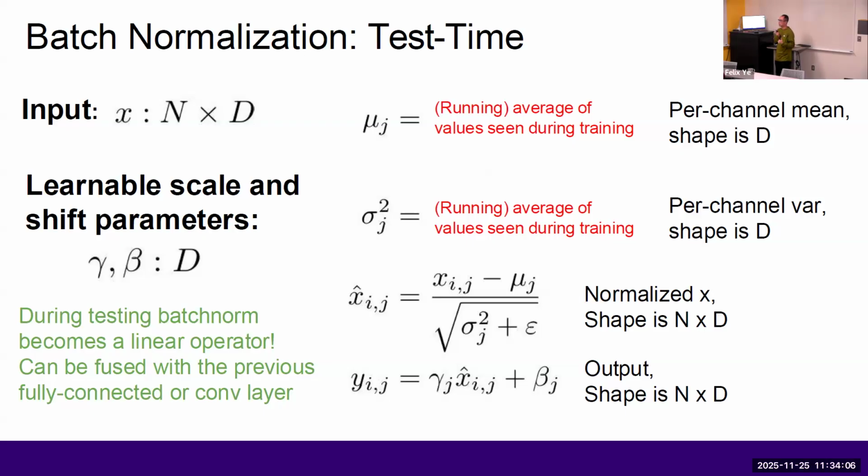In training, you have to estimate mu and sigma as the data feeds in, but in testing you can lock down mu and sigma and treat everything as a purely linear operator.